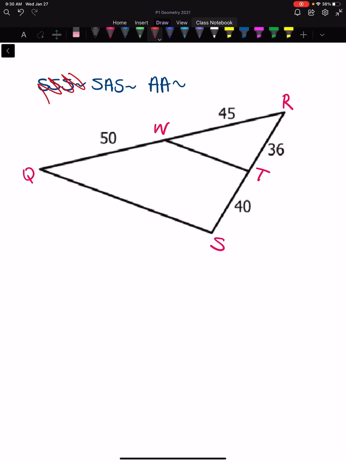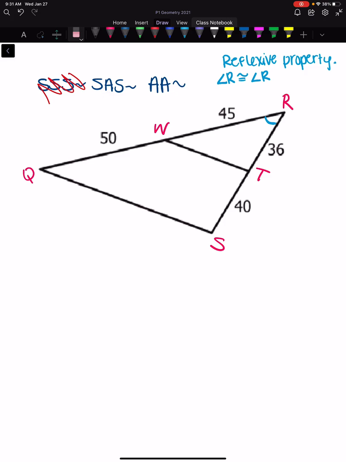Right? I do have overlapping triangles, so I can use my reflexive property here because we know that angle R is shared by both triangles, so I know that angle R is going to be congruent. Angle, angle similarity requires that we have at least one pair of congruent angles, right?